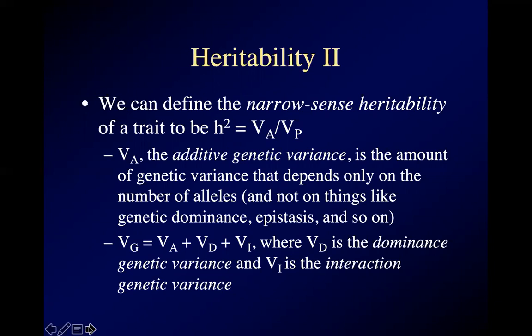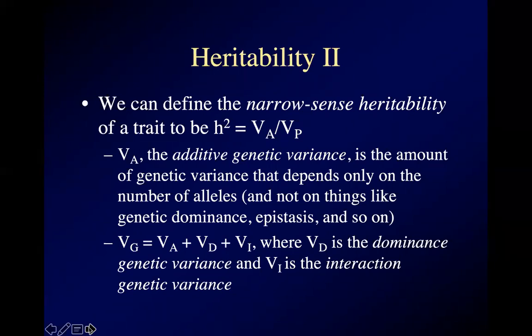A cat with two copies of the spotting gene will have so many white spots that it will be a mostly white cat with only smaller areas of colored fur, maybe just colored ears and a colored tail, maybe a colored stripe down the back, but the rest of the cat's going to be white.